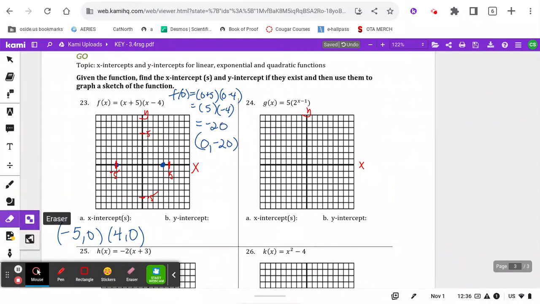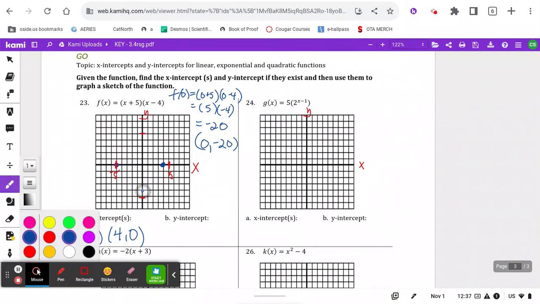No, it won't fit. So I have to adjust the scaling on this axis to maybe be scaling by 5s: 5, 10, 15, 20. So this y-intercept would be at 0, -20. Okay, let's write that in over here, 0, -20.